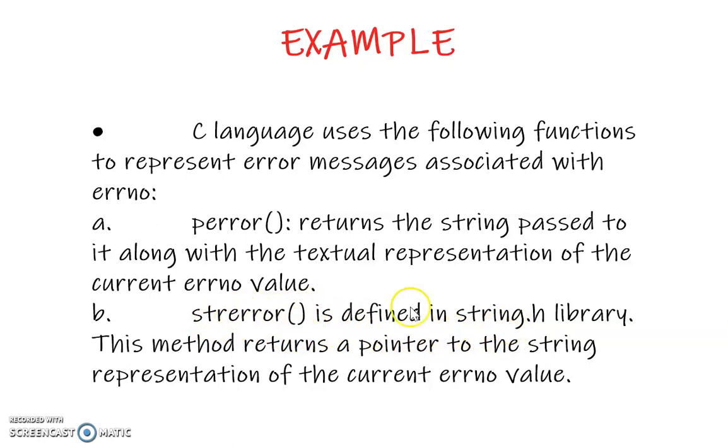This comes from the string.h library. This method returns a pointer to the string representation of the current errno value. So perror basically gives the textual representation of the errno value, while strerror returns the pointer to that particular string, because we know we cannot directly return a string. A function can return only a single value at a time.